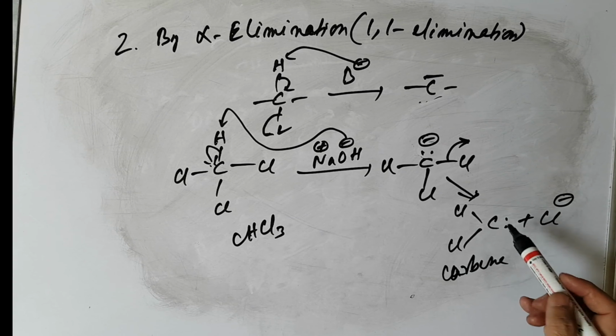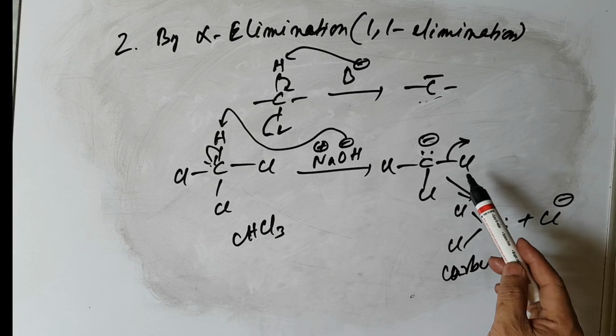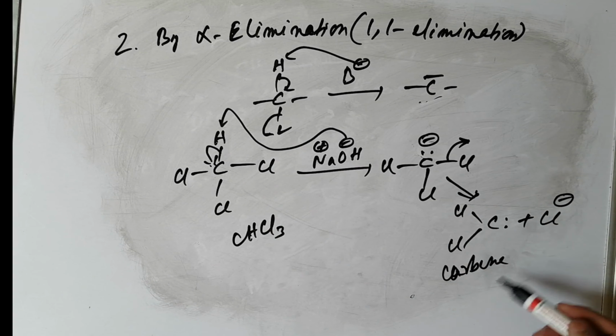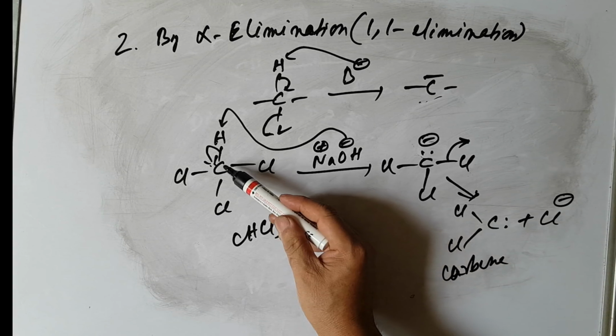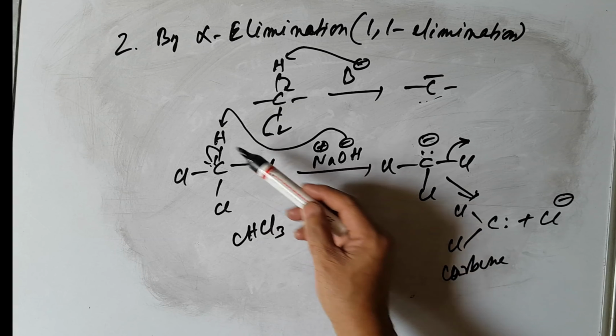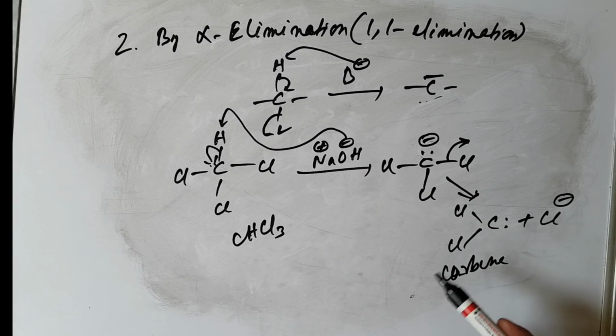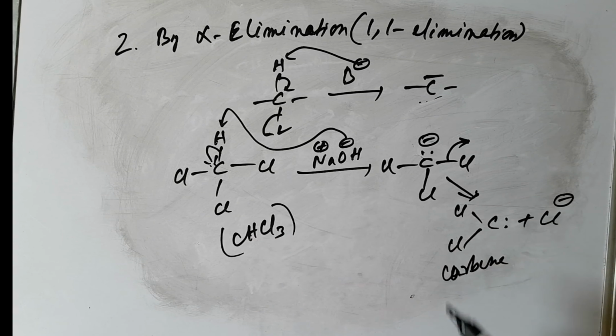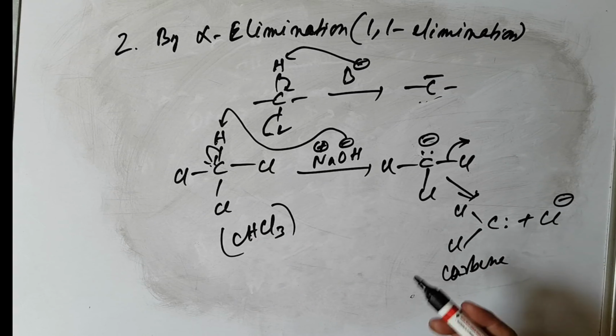By removing one hydrogen and one chloride from the same carbon atom, you get the carbene. So this is alpha elimination, and mostly carbenes are generated by this method.